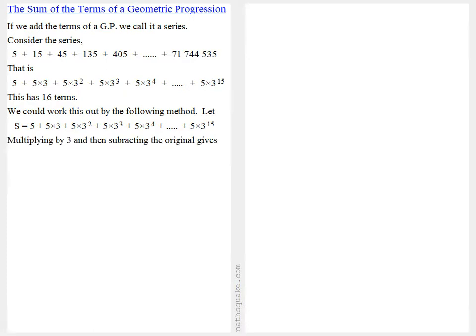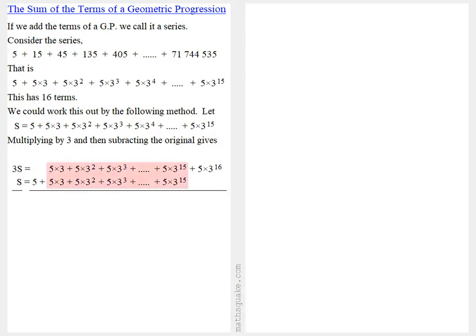Then multiplying by 3, we get 3S equal to 5×3 + 5×3² + 5×3³ and so on up to 5×3¹⁵ + 5×3¹⁶. And underneath we can write S, which equals 5 + 5×3 + 5×3² all the way up to 5×3¹⁵.